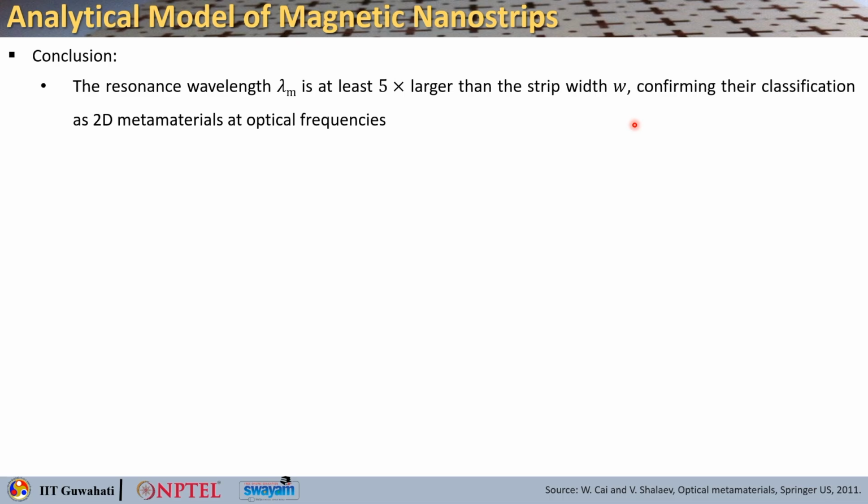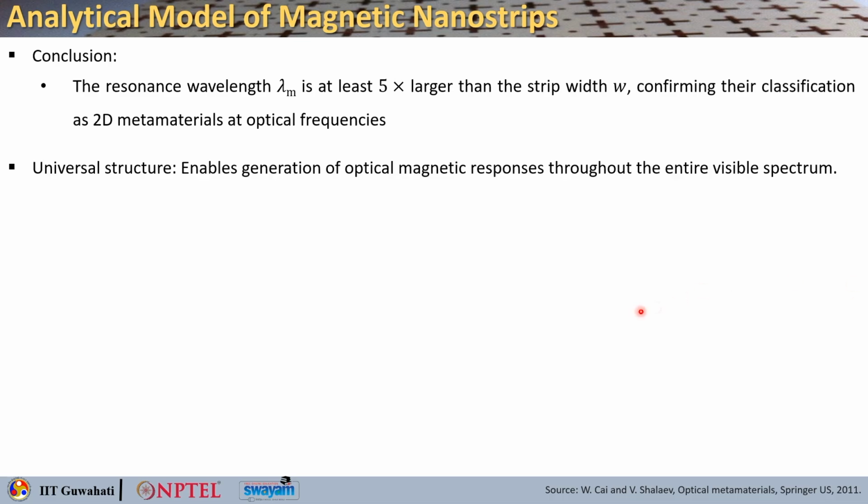So, that basically tells you that the coupled strip samples can be regarded as 2-dimensional metamaterials at those wavelengths of interest. Okay. The experimental and the numerical studies of these coupled nanostrips with varying dimensions have offered a universal structure to create optical magnetic response across the entire visible spectrum.